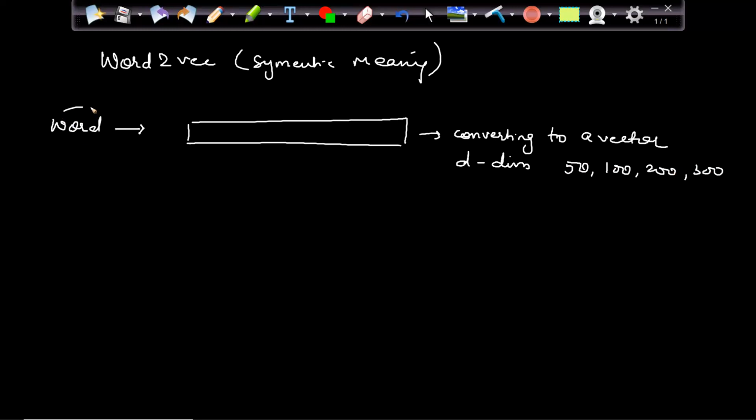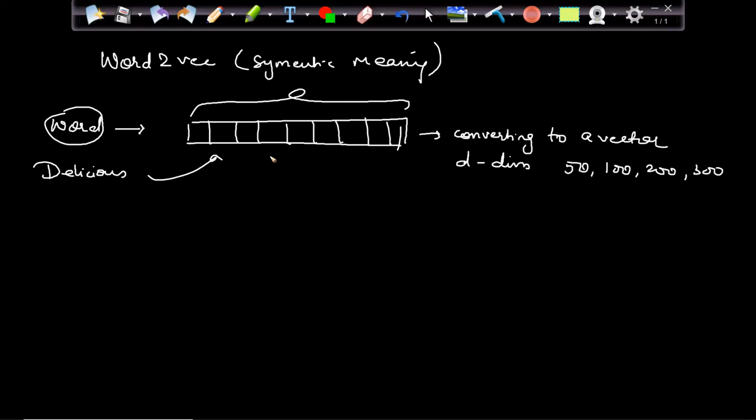So basically this single word, for example, let's say this word is delicious. I am creating a vector which is denoting this word, and this length of this dimension is 300. 300 dimension vector. Right, so that is the whole idea.